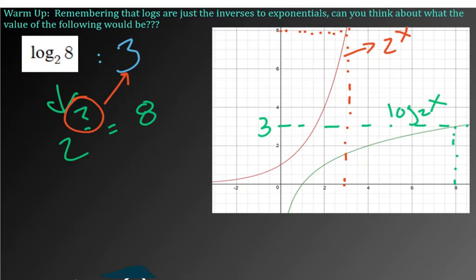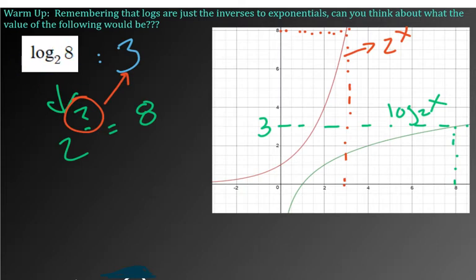So if I go over here, when I look at this log, I actually view that as an exponent. This whole thing is an exponent. It's the exponent 3, because 3 is the thing you raise 2 to and get 8, right?